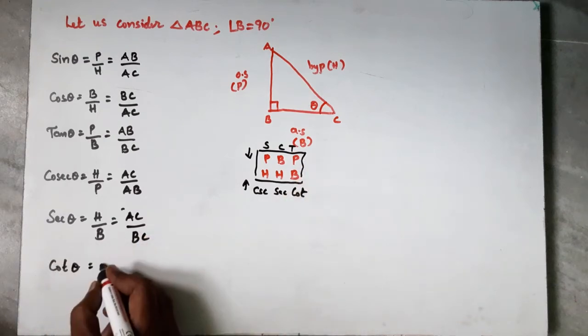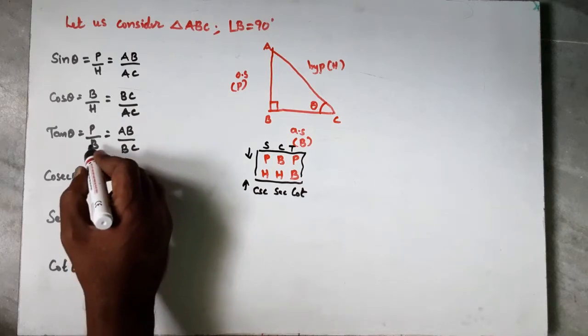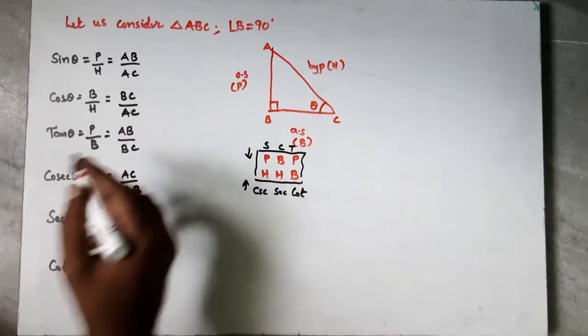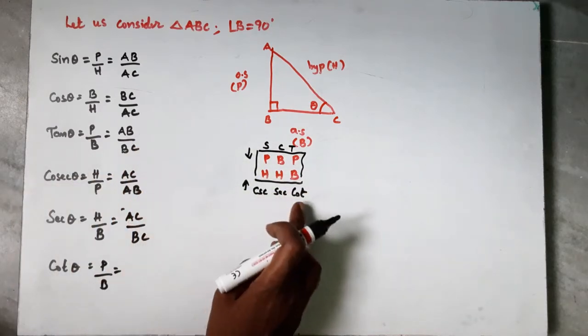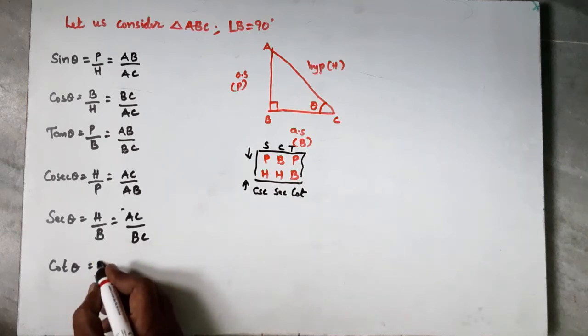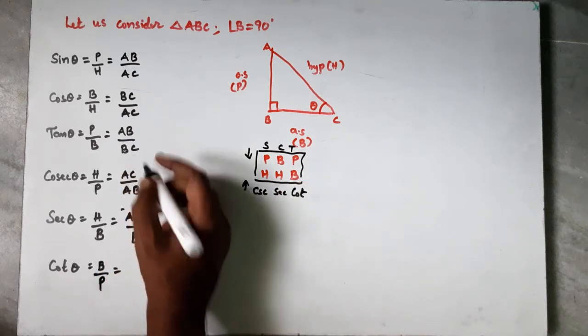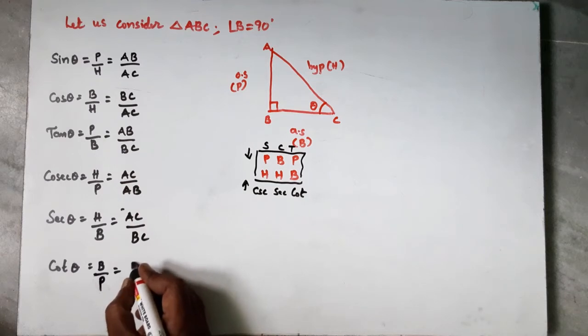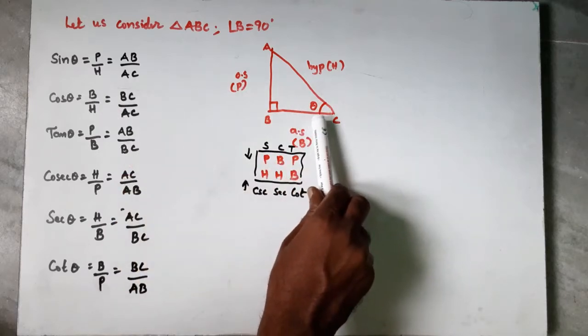P by B, so it is the reciprocal or inverse: B by P, which is BC by AB. So these are all the trigonometric ratios considering theta.